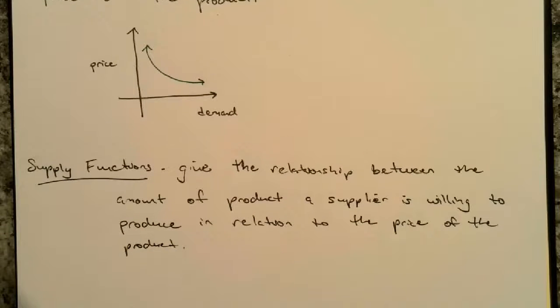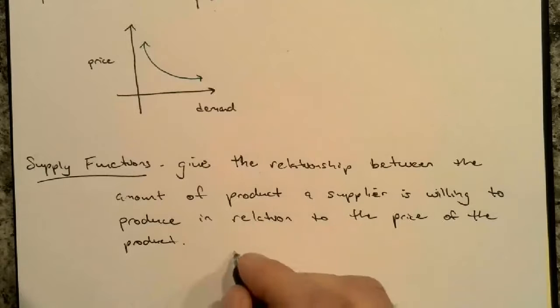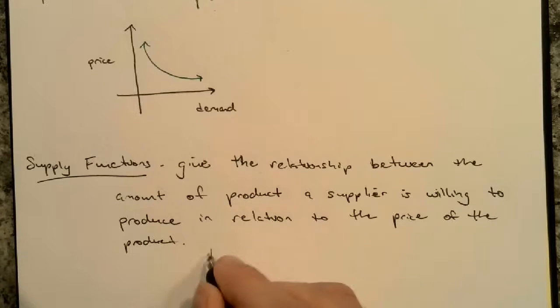So again, I'll draw a little sketch here, which has an x and y axis. The y axis again is typically the price. The x axis would be the quantity, the supply.